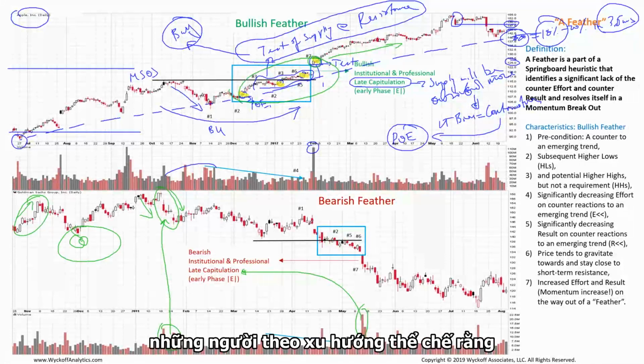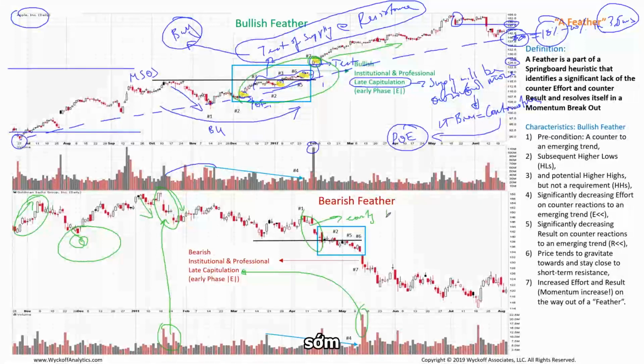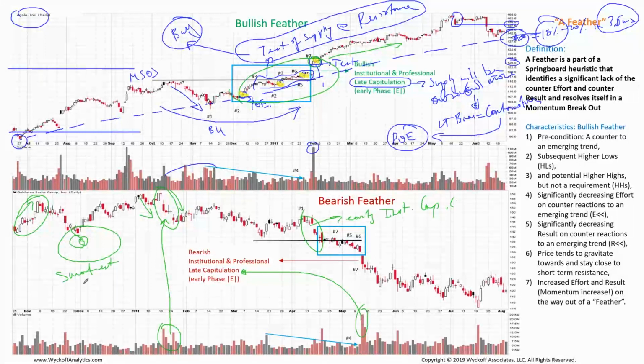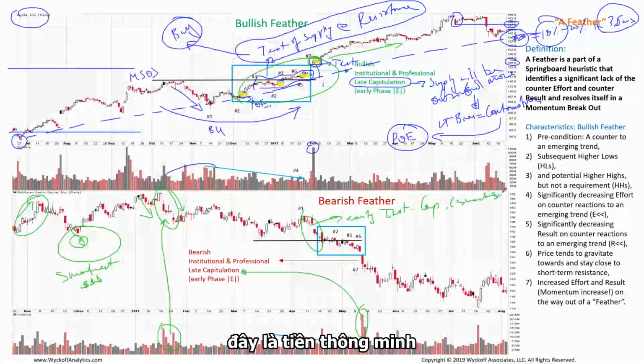And then the rest is just institutional trend followers that are going to capitulate here. So this is early institutional capitulation. So this is smartest money. This is smart money. Why is it smart?